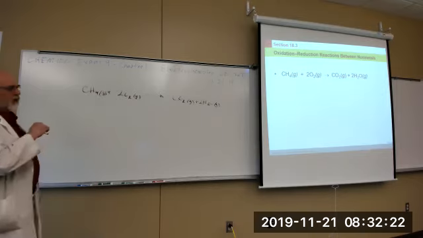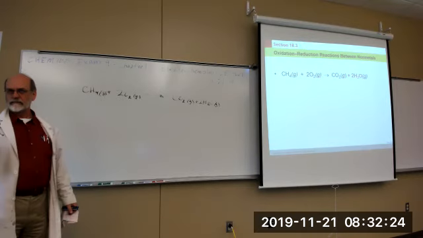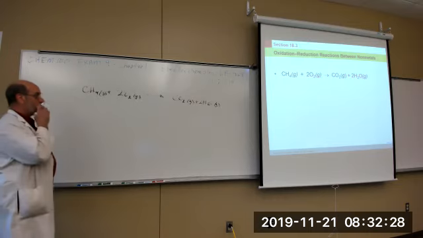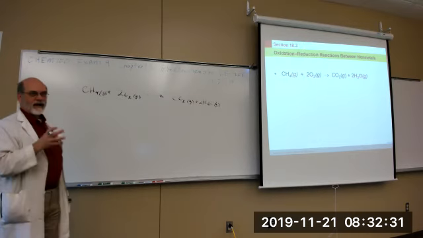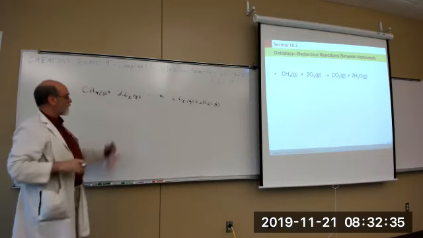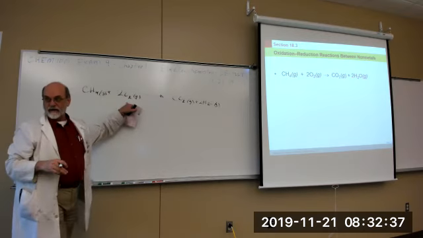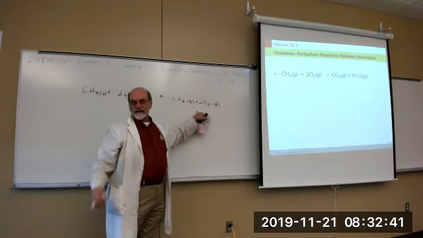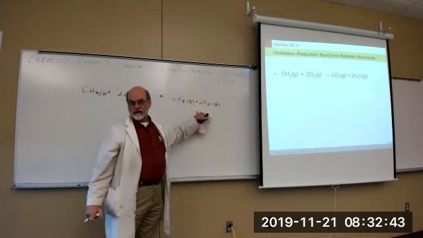Well, there's a quick way, actually. If you have an element on one side of the reaction, like we do here with oxygen, and it turns up in a compound on the other side, you automatically have an oxidation reduction reaction.